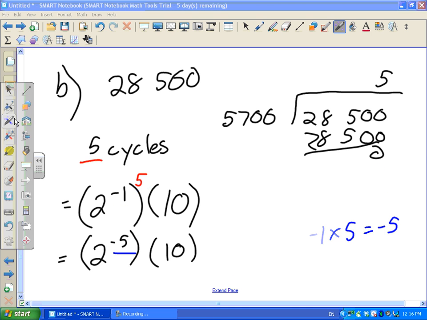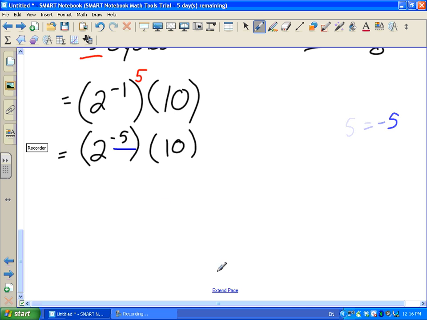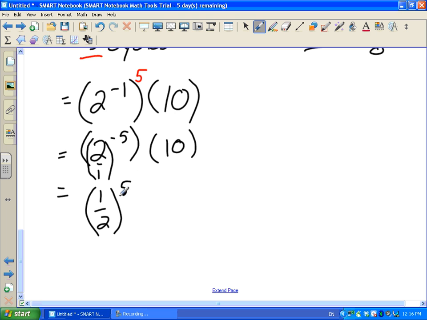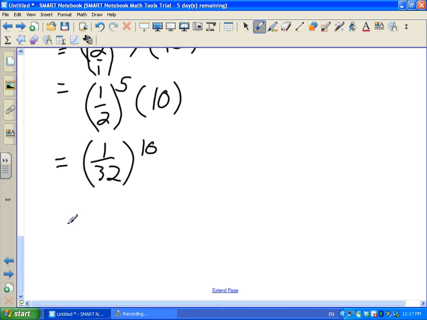Now I'm going to turn this into a positive exponent. I turn this 2 into a fraction, so this becomes 1 over 2 to the power of 5, times 10. 1 over 2 to the power of 5 is the equivalent of 1 over 32, times 10. That's 10 over 32.